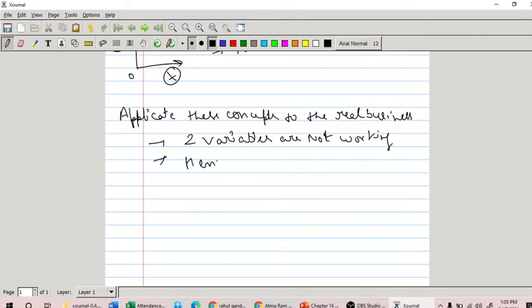Hence, we need another method which can solve more practical problems involving more than two variables.